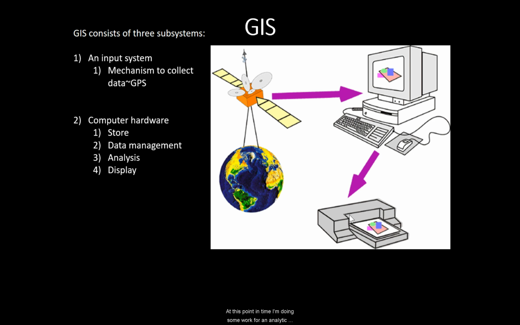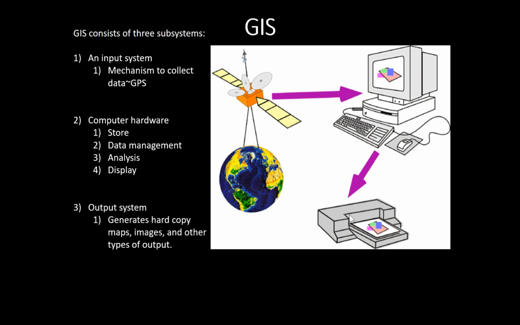At this point in time, I'm doing some work for an analytic company that takes billions and billions of research points in the real estate industry and generates visual data layers so that folks such as Zillow and Realtor.com can display information to their clients. Okay, so that's our computer hardware output. The next third component is our output system that generates, it could be a hard copy map, it could be an image when we're talking about remote sensing, it could be an online map that is dynamic.